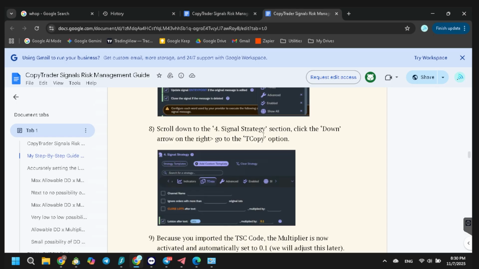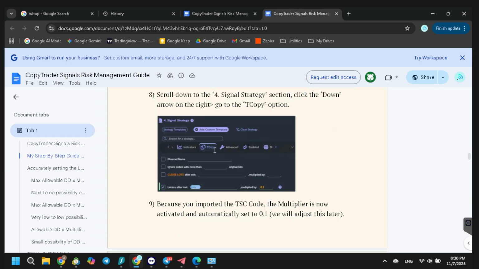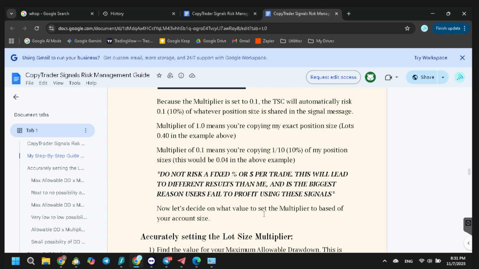If we go to the T-Copy tab, we will find this lot size option, lots multiplied by 0.01. I personally have chosen, at least for now, to use 0.01 because I don't want to risk $100 for the moment. So I'm using 0.01, which is around 10%, as he has explained here.